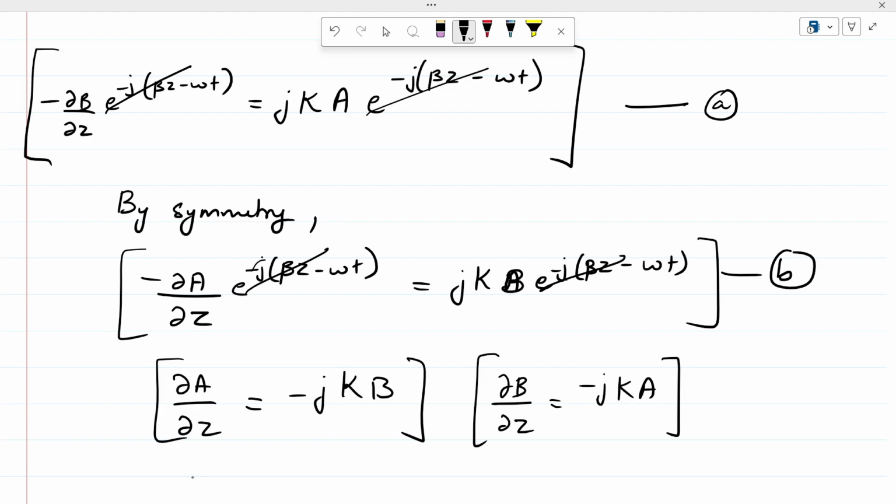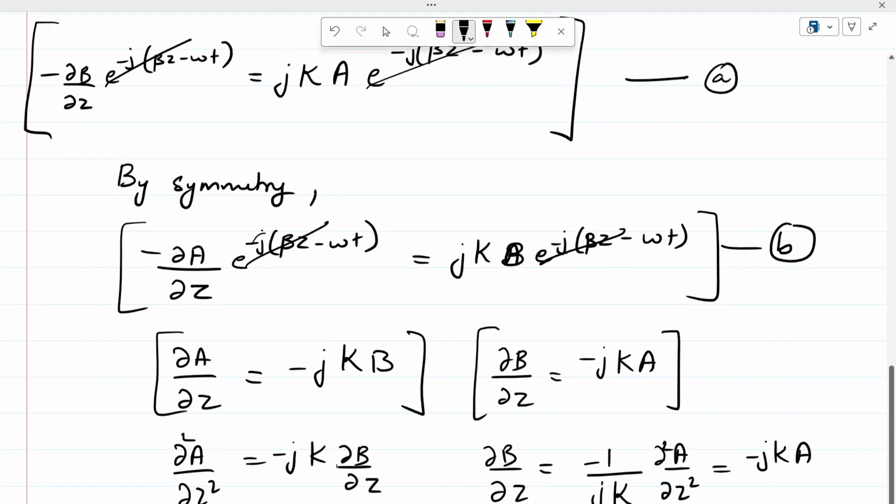From this, if I do a double differential, differentiate LHS and RHS and substitute in the second equation, I'll get ∂²A/∂Z² equal to minus jκ ∂B/∂Z. So this ∂B/∂Z is now minus 1 over jκ, the coupling coefficient, into ∂²A/∂Z², which is equal to minus jκA.